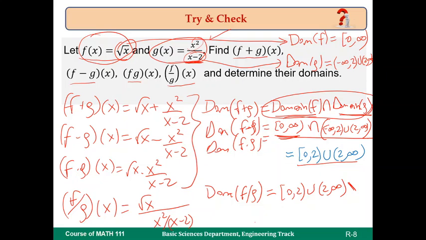So what makes g of x equal to 0? Let's do it here. G of x equal to 0 means, what makes this one equal to 0? Only x equal to 0. So the zero of g is 0, g of 0 is equal to 0, so we remove 0. It's because of this fact here.